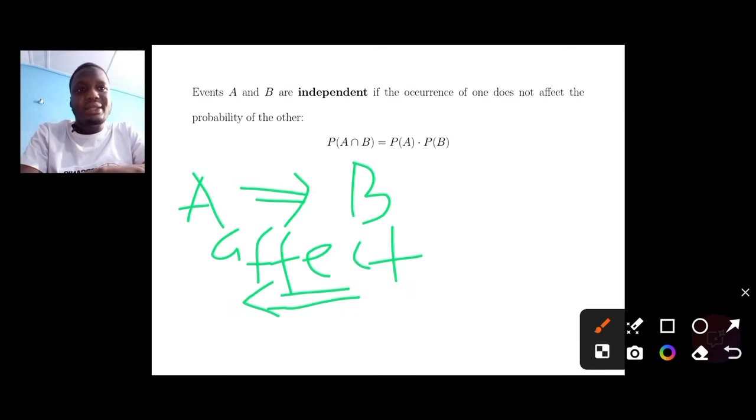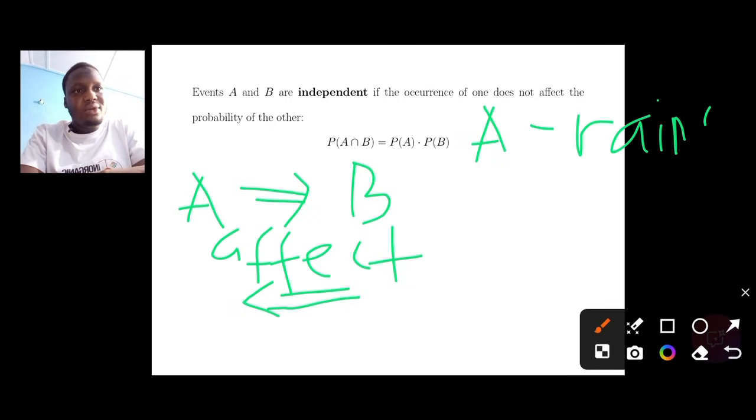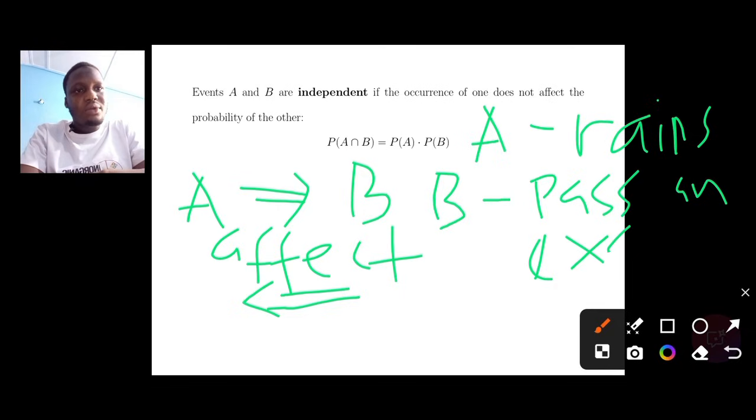So what practical example can I give for this? Okay, let's say A is the event that it rains, and B is the event that you pass an exam.